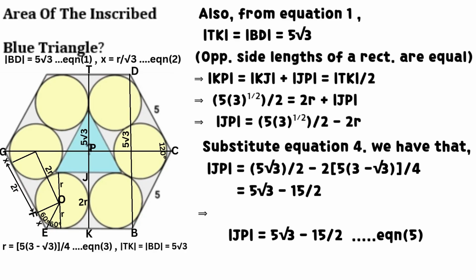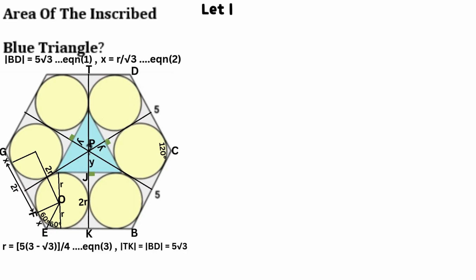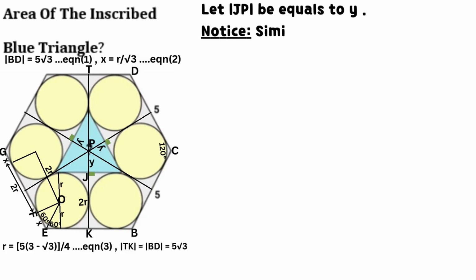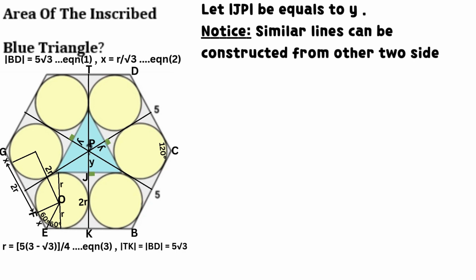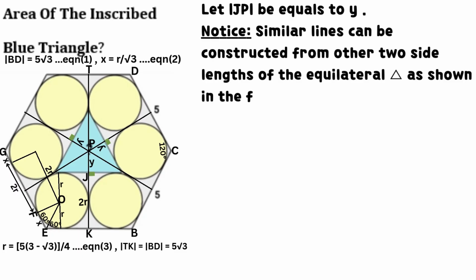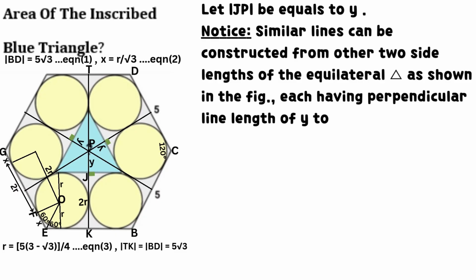We call it equation 5. Let line JP be equal to y. Notice that similar lines can be constructed from the other two side lengths of the equilateral triangle as shown in the figure, each having a perpendicular line length of y to the side of the triangle.